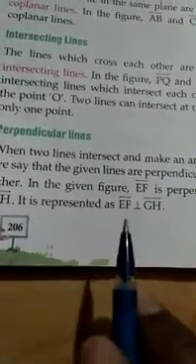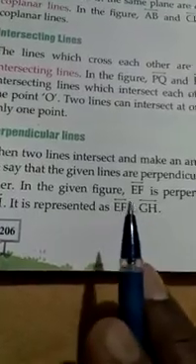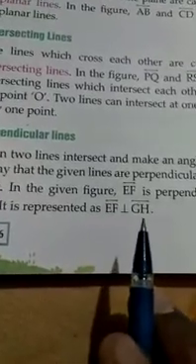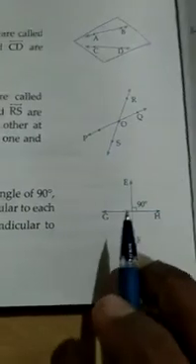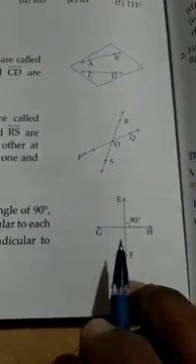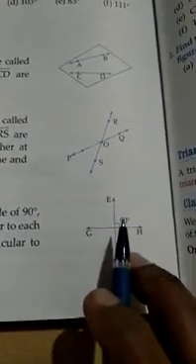So you can write this as EF, the perpendicular sign, and then GH. So in this figure, GH is perpendicular to EF or EF is perpendicular to GH. So if two lines intersect each other at 90 degrees, then the two lines are called perpendicular to each other.